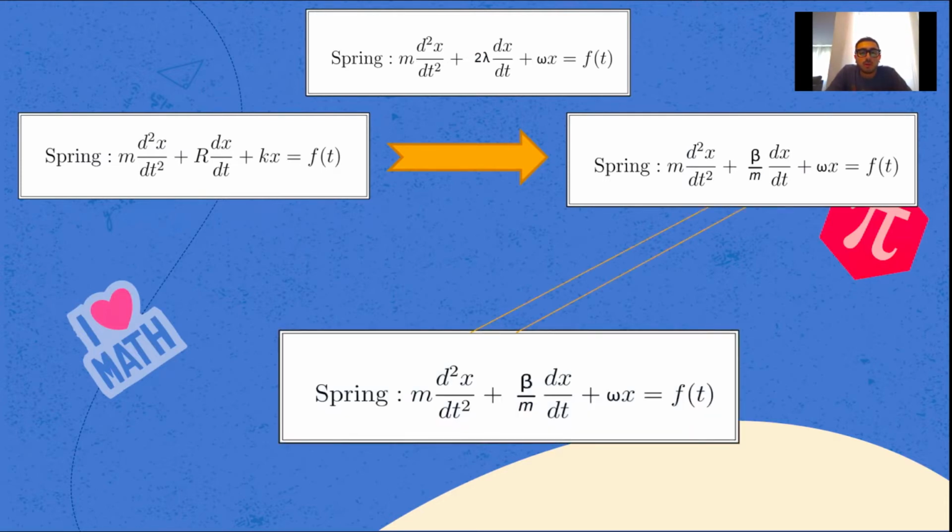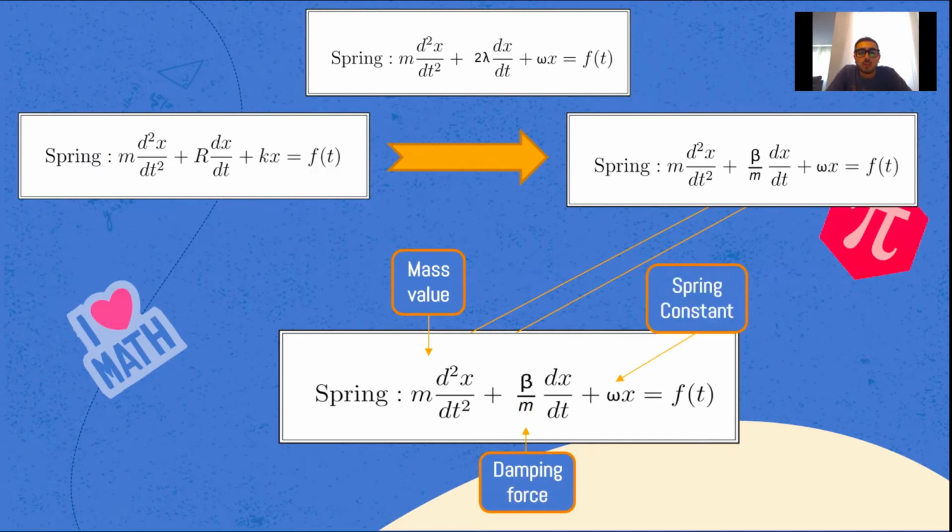So we have our m d squared x over dt squared, which is our mass value. Our beta dx/dt is our damping force, along with the spring constant, omega squared x, or better known as k, and our driving force, which is a function of t.